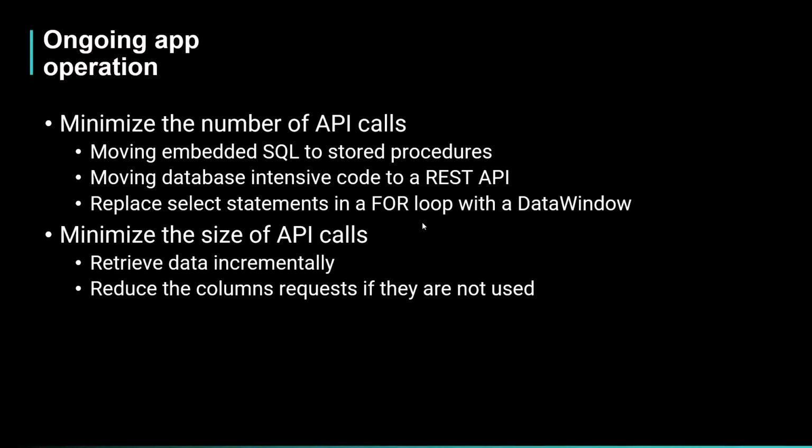JSON is a rather dense storage format, and it is generally compiled before it is sent down to the client, but it still can be significant. So one of the things you can do, and we'll look at this in a little bit more detail, is you can retrieve data incrementally. Now that may sound like we just contradicted what we just set up here earlier about minimizing the number of API calls.